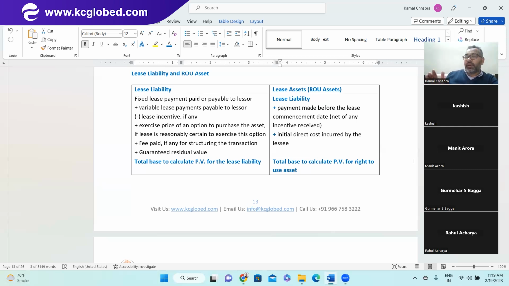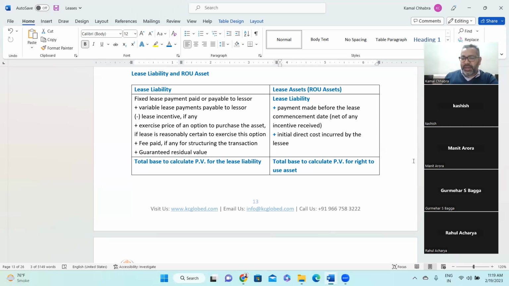If you are running 1,000 to 1,500 miles, then the lease rental is $600. If you are running more than 1,500, then the lease rental is $750. So this additional $100 or $250 is based on the usage of the car. That is called variable lease payment. Got it?